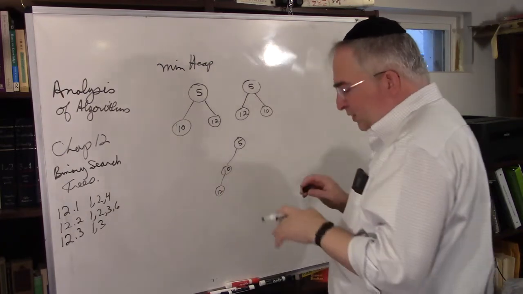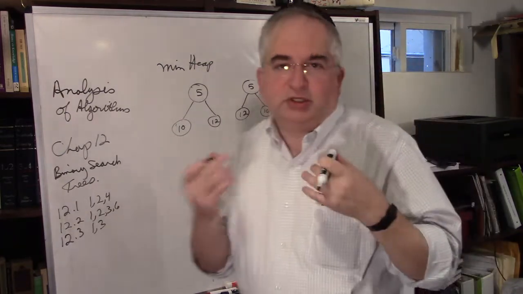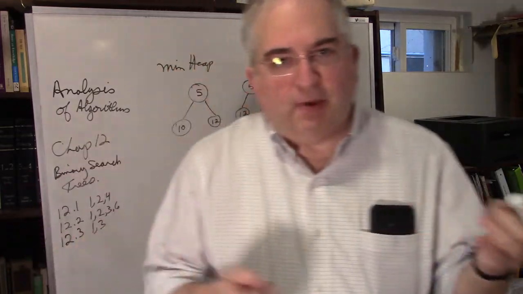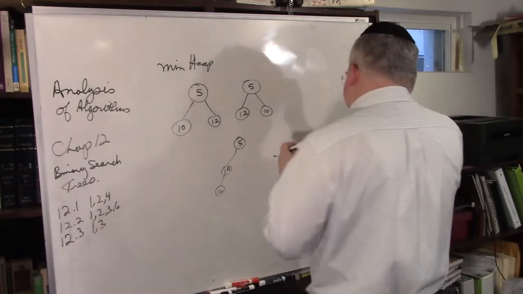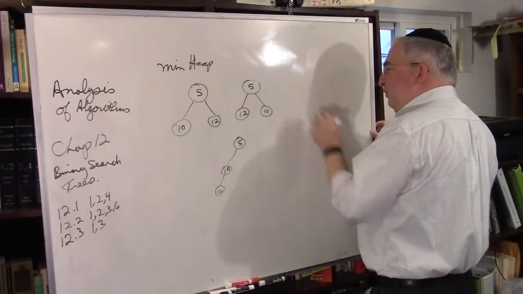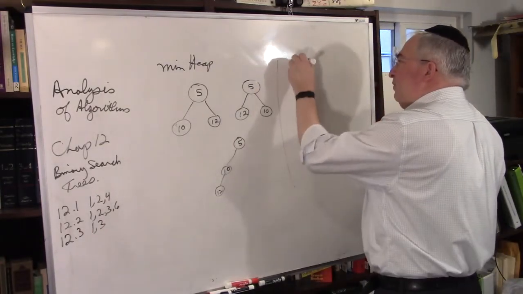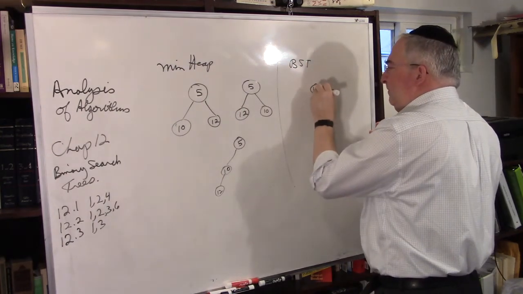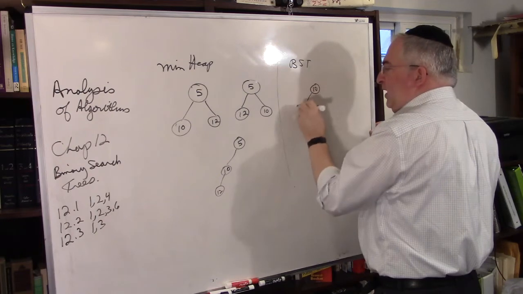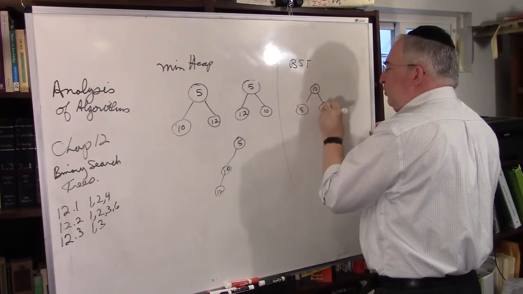So the problem is there's too much looseness going on with a min-heap because it's not that well structured. As opposed to that, if we were to do this not with a min-heap, but with a binary search tree, it looks like this. 10, and here's 5, and here's 12.